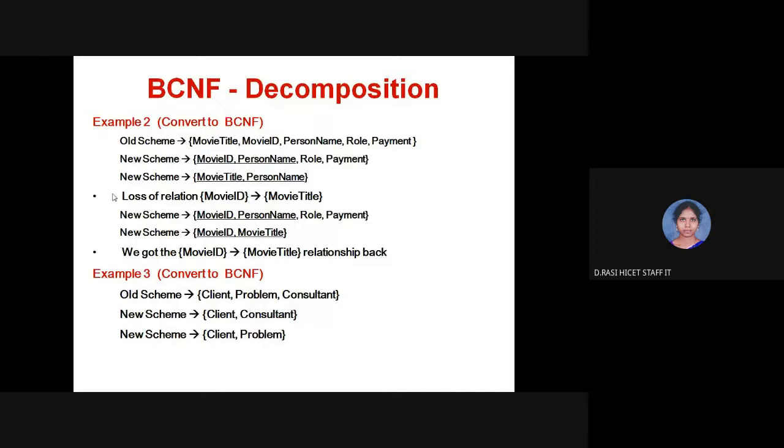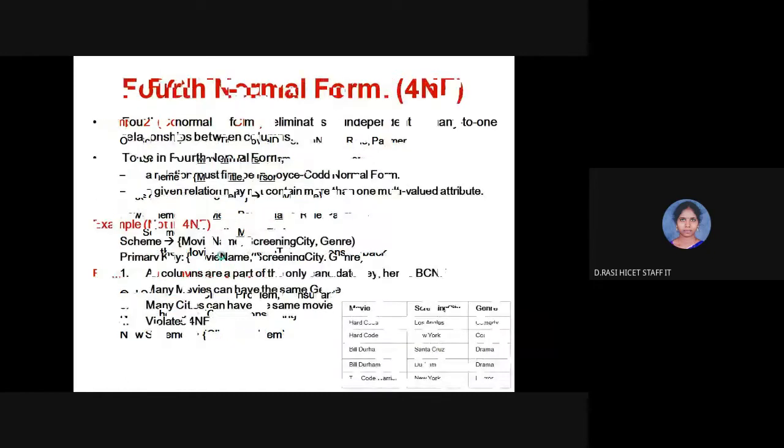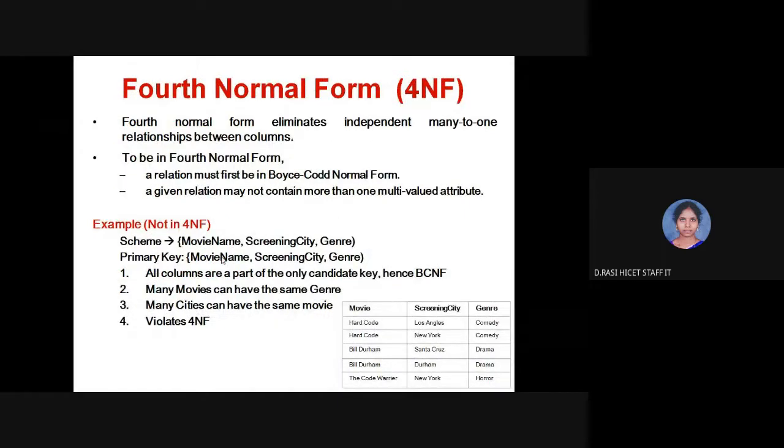So these are the examples we saw previously, which are not in BCNF. Now we can make a comparison with the BCNF format. Coming to fourth normal form, again the scalar values: it should not have multivalued dependencies. If I have more than one, that alone gets separated into the next table.